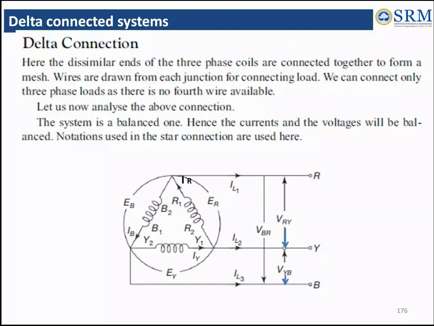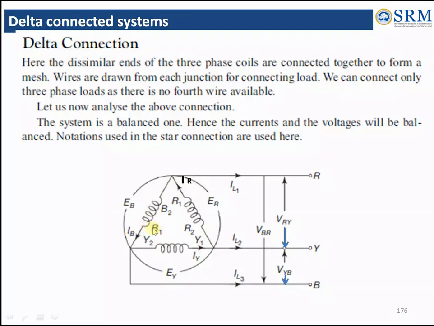This system is a balanced one. Here the currents and voltages will be balanced. The same notation that we used in star connections is used here. This is B, so it is EB, EY and ER across these windings, and the current is IB.